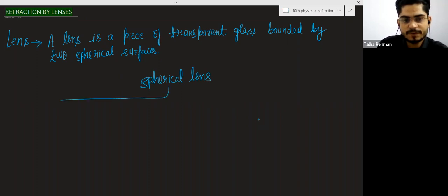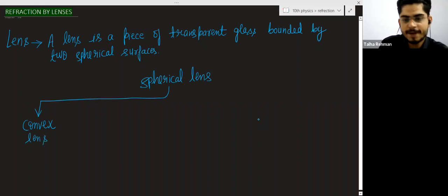There are two types of spherical lens. Convex lens. Another is concave lens.